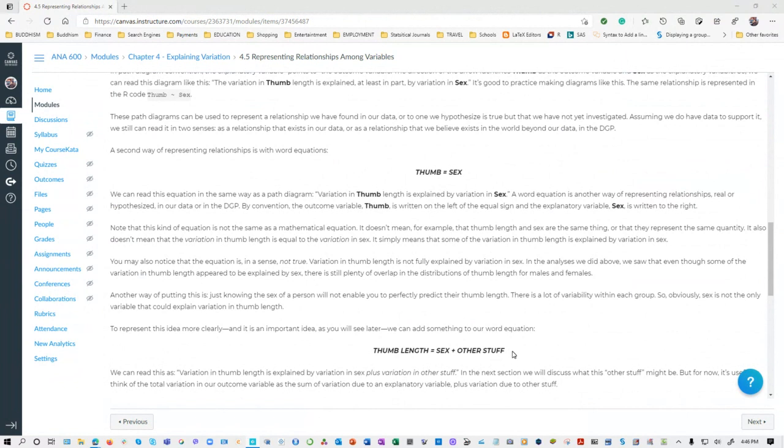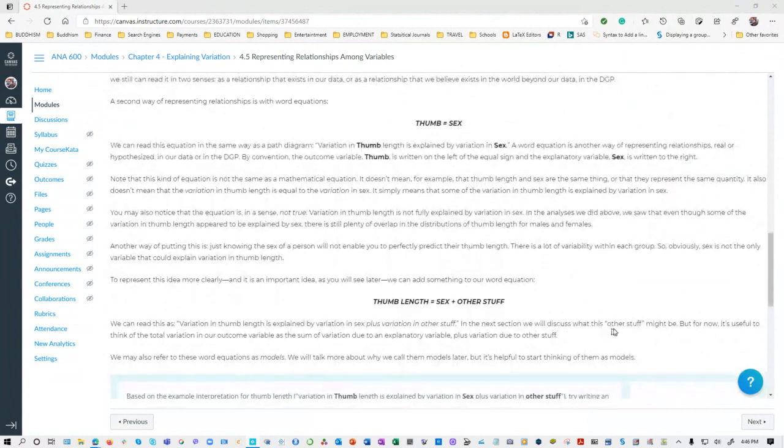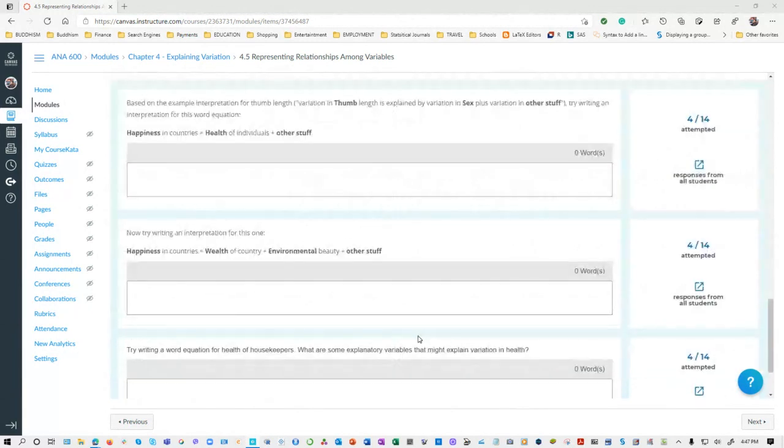The other stuff is due to the variation in thumb length explained by the x plus variation in other stuff. The next section we will discuss what the other stuff might be, but for now it is useful to think of the total variation of the outcome variable as the sum of variation due to the explanatory variable plus the variation due to other stuff. See, if you have any variation, that variation is due to what? The variation of this guy plus the variation of this guy.